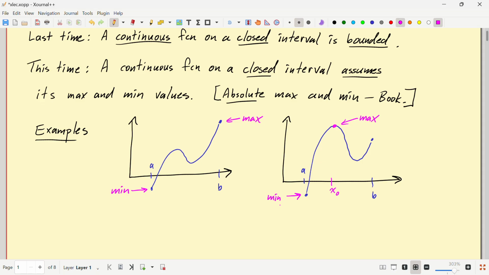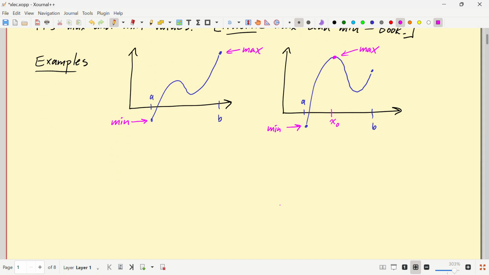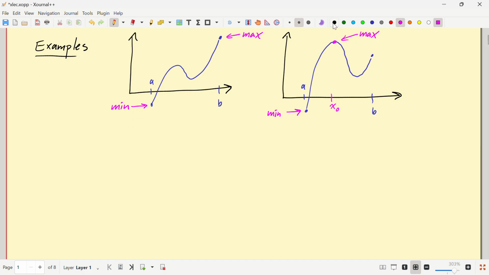And here, the min would be A. I could have made one where the min was the bottom of a hump, if I wanted to. They don't have to be nice and smooth. You might start thinking about Rolle's theorem and calculus. But you can have continuous functions that have kinks.